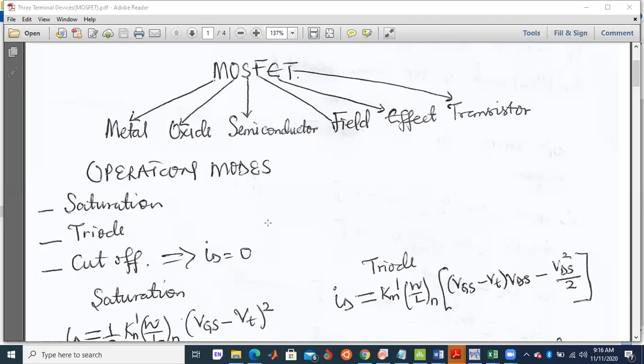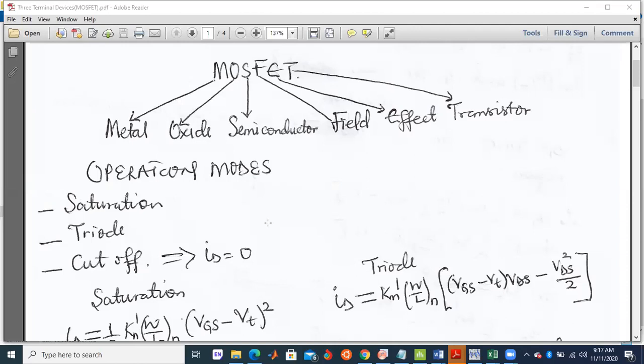That is when you want to use VDS as the determining factor to know whether the device is in the saturation region or the triode region. Another important factor is when VDS minimum is equal to VGS minus VT. In this case, the device is said to be in pinch off.